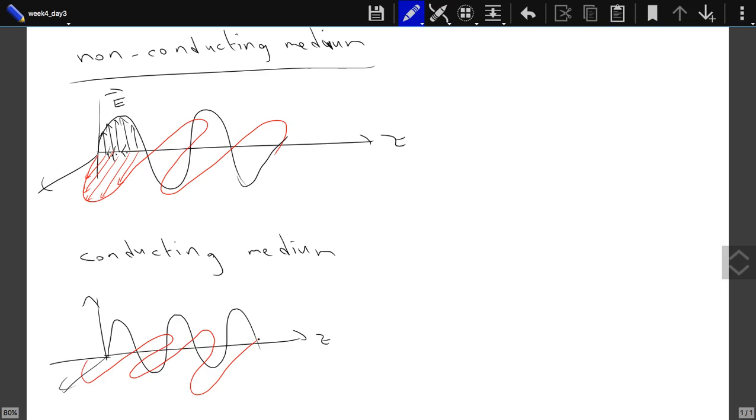You see, the electric field is zero here, and the magnetic field is zero over here. There's a phase shift; they are shifted relative to each other. Of course, I ignored the exponential decaying factor. There's also this exponential decaying factor, so with increasing z the amplitude gets smaller and smaller. But the phase shift is always there.